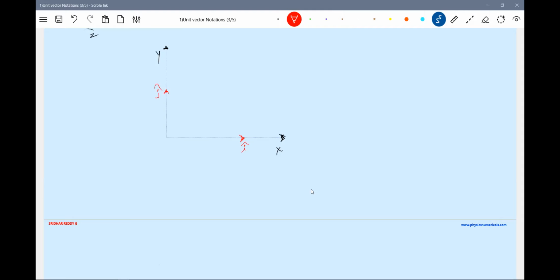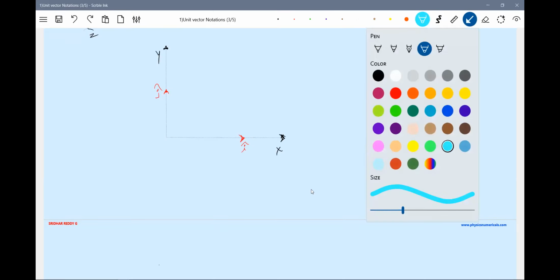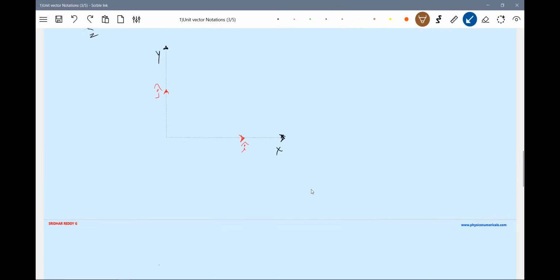So I have two vectors. One vector is in this direction, the other vector is directed in this way. There's a vector A bar, I'll write it. There's a B bar. Look at B bar: B bar is along positive y-axis. A bar is along this one.